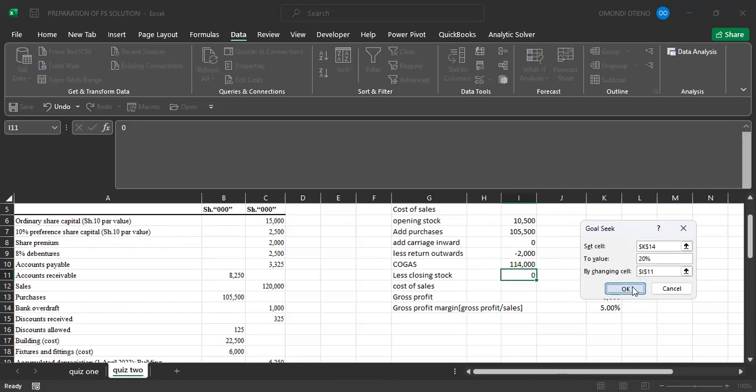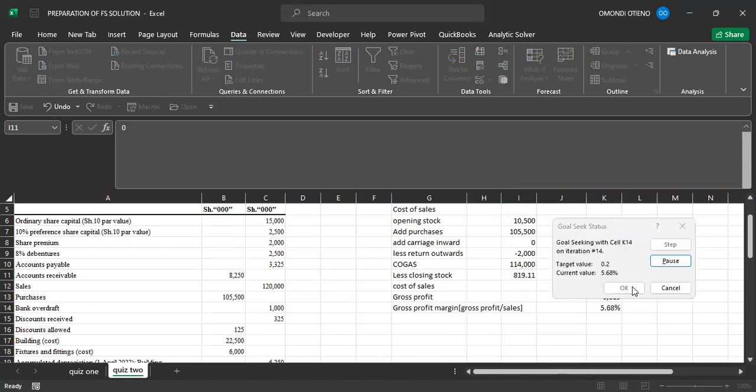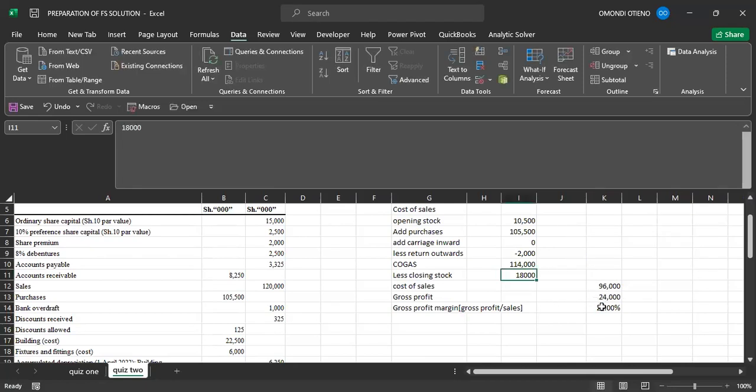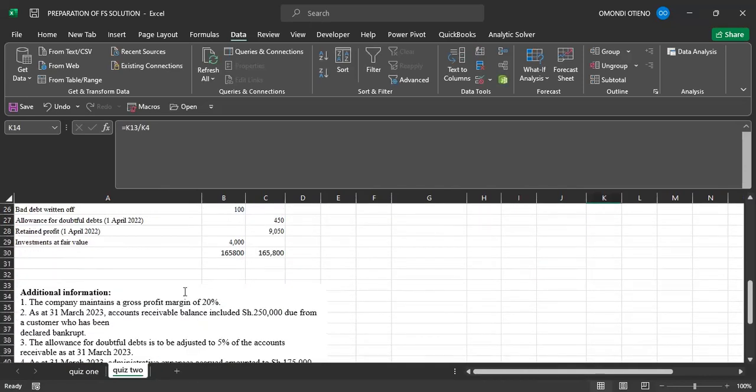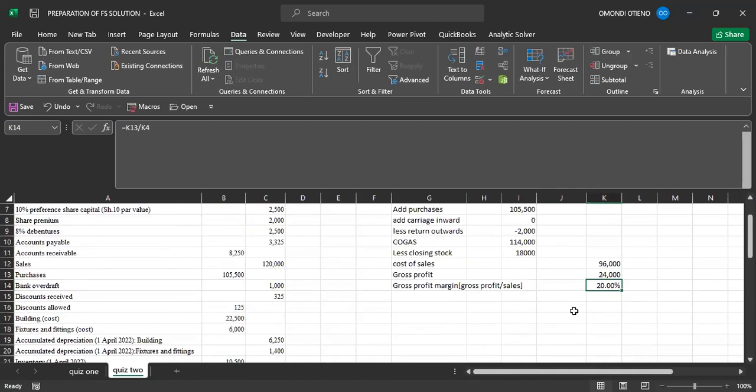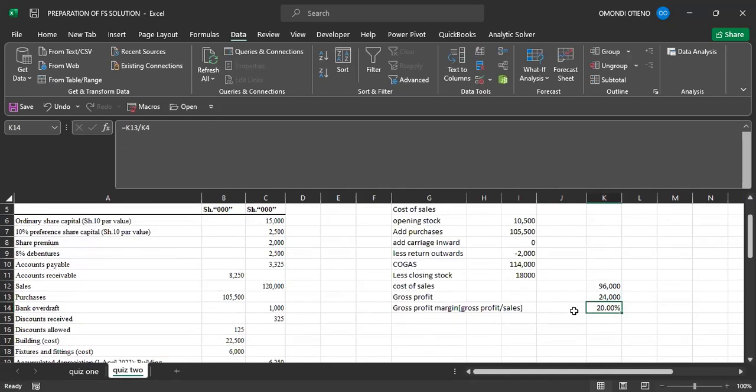When I confirm this, I'll be able to get the closing stock equivalent to 18,000. So when I confirm this, my gross profit margin changes to 20%, which is equivalent to what the examiner gave me up here. So having done that, I'm actually done with this particular question.